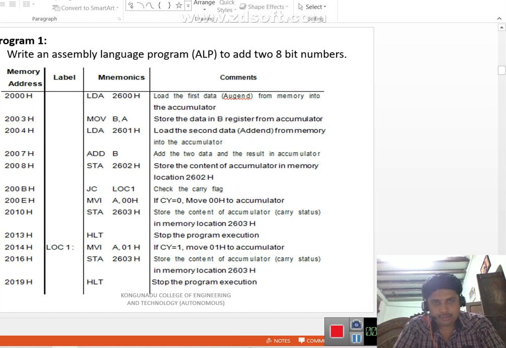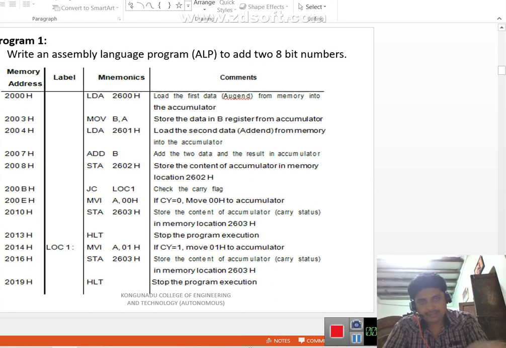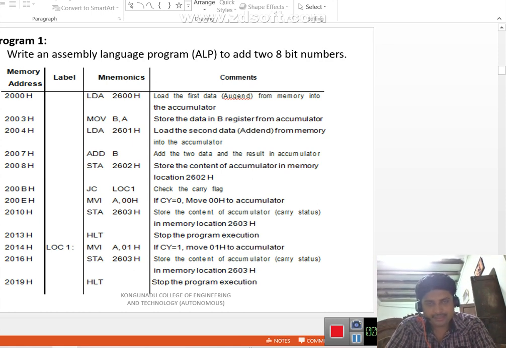Now the program we are going to discuss: an ALP to add two 8-bit numbers. In the memory address, first is 2000H, which defines the address where the instruction is stored in memory. After that come the mnemonics, that is the opcode. LDA means load the accumulator with data. Here we are loading from 2600, the address of a particular memory location.